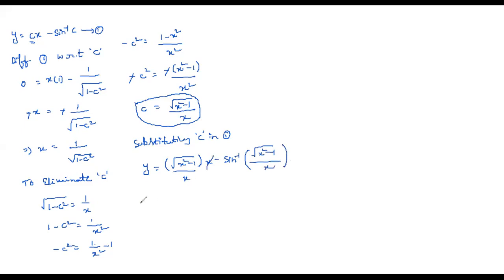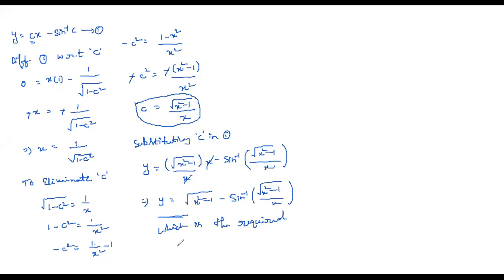The x's cancel, and we get y is equal to root of x square minus 1 minus sine inverse of root of x square minus 1 by x. This is the singular solution, not the general solution. Equation 1 was the general solution, and this is the required singular solution, which does not contain any arbitrary constant.